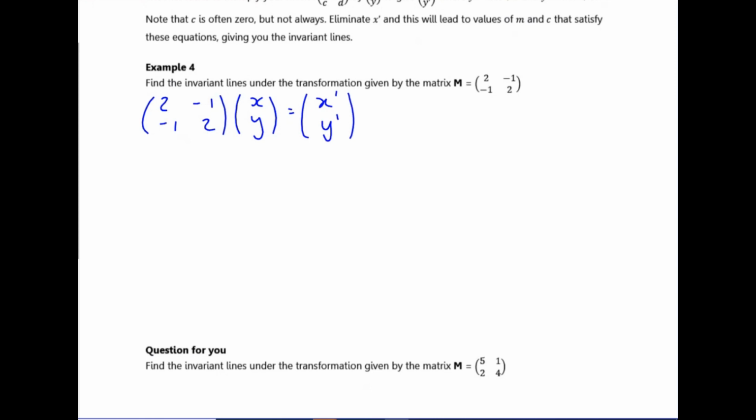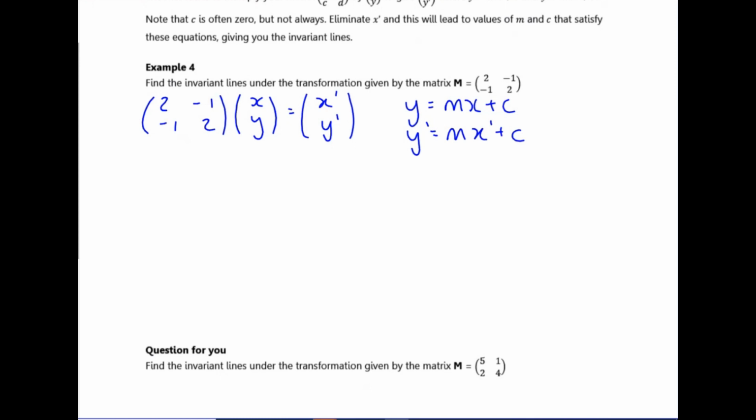But the point about invariant lines is if this point xy lies on the line y equals mx plus c, x dash y dash must lie along the same line. So I can substitute these into the same equation with the same gradient and the same plus c, and that should also be true.